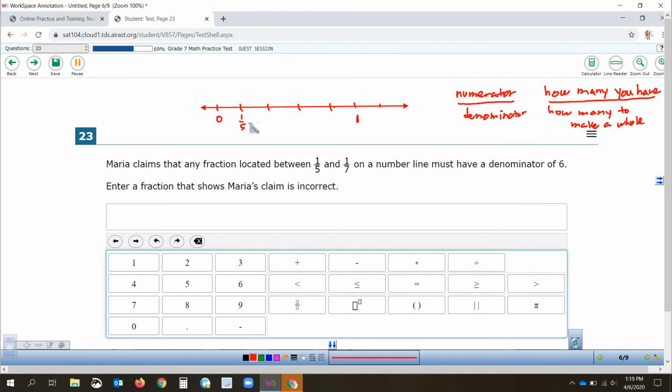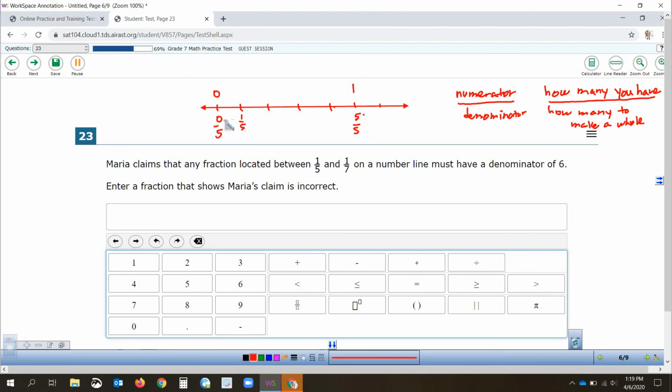All right, so 1 out of 5 means I have 1 out of 5 of these pieces that it would take to make a whole. So again, this would be 2/5, this would be 3/5, this would be 4/5, and this one right here would be here. I'm going to put the 1 here, and right down here, I'm going to put 5 out of 5. So this one would be 0 out of 5.